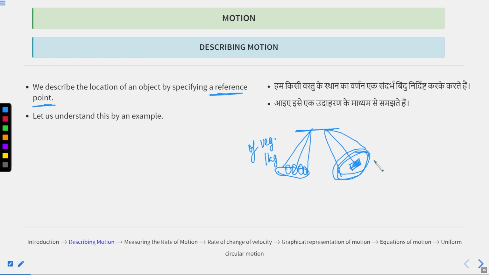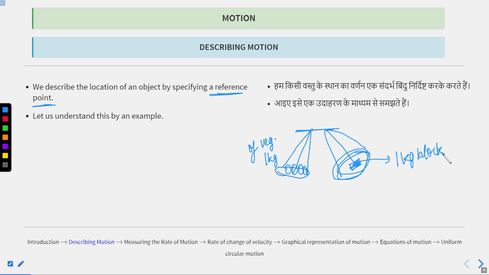So this 1 kg block is our reference. We are taking that 1 kg block as the reference and trying to describe the weight of the vegetable using that 1 kg block.